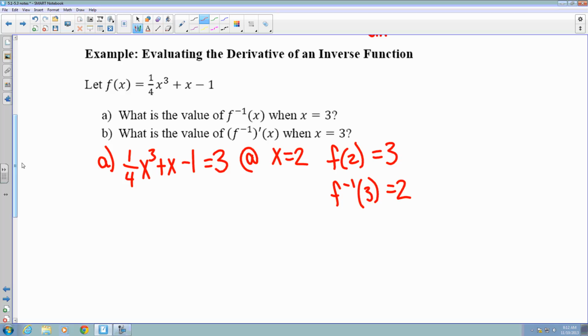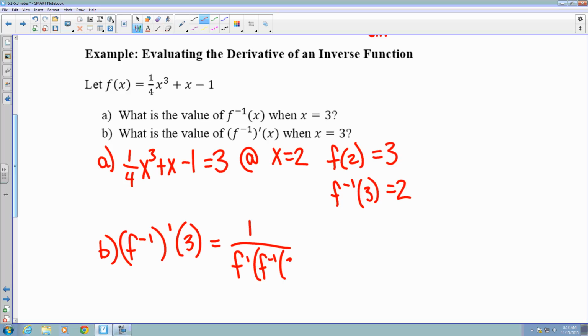Then what we're going to do is follow our definition, which is 1 over f prime of f inverse of 3, which is 1 over f prime of 2, because we know that the f inverse of 3 is 2.